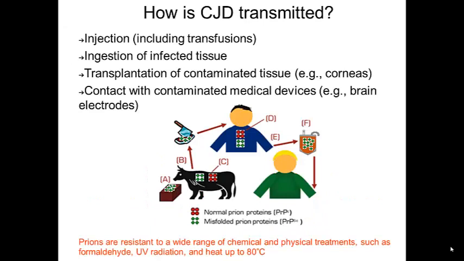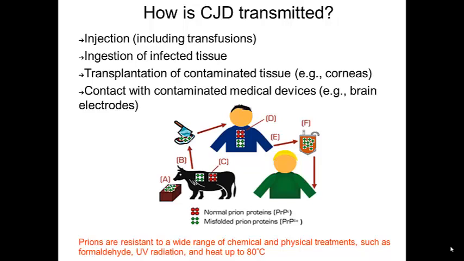The modes of transmission for prions include injection, which can occur during a blood transfusion, ingestion of infected tissue, which can occur, for example, if humans consume meat that is already tainted and infected with prion proteins, the transplantation of contaminated tissue, for example, kidneys or corneas, from a donor that has been infected with a prion encephalopathy.